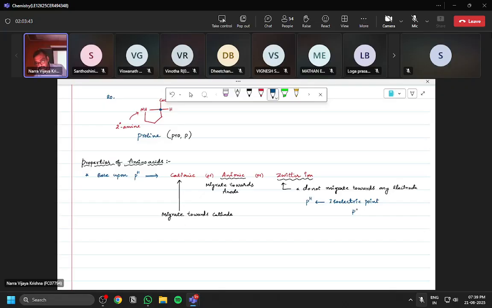It is indicated by pI. Now, what is the isoelectric point? The pH at which zwitterion formation occurs is called the isoelectric point.